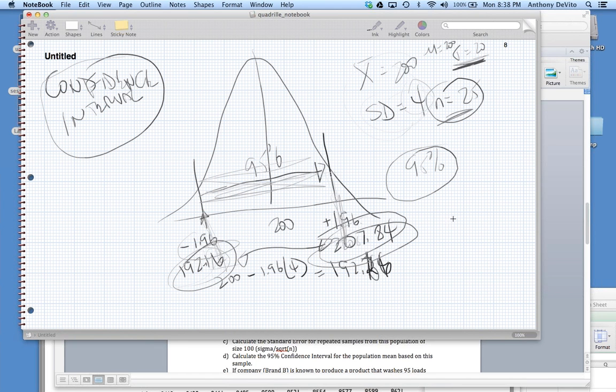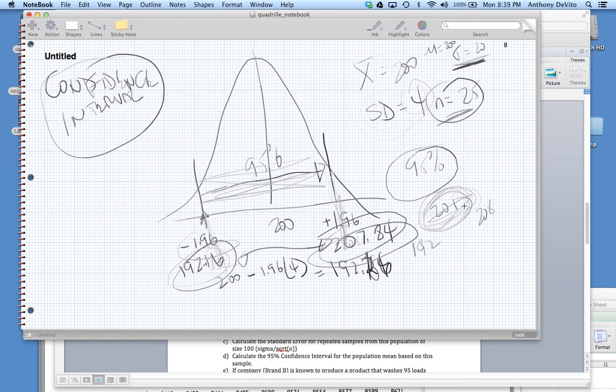In other words, if your sample comes up to be 201, you would say, well, okay, this time when I took it, I sampled 25 people, I got an average of 201. Now I'm going to say, well, 95% of the time, given that this came from a sample where the population had the distribution that was in my sample, I'm guessing that my confidence interval is somewhere between 192 and 208.